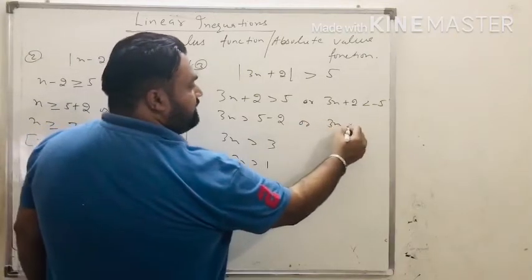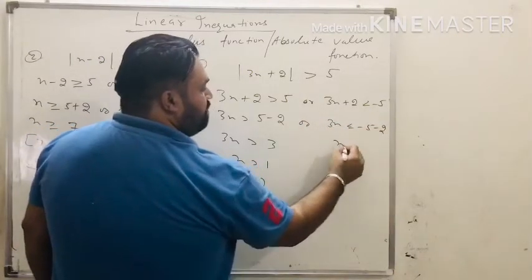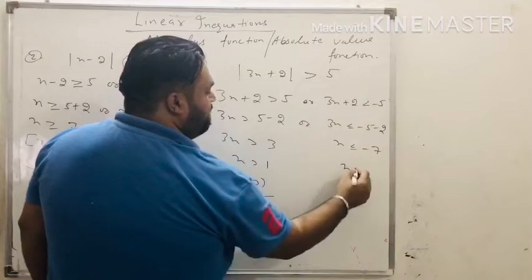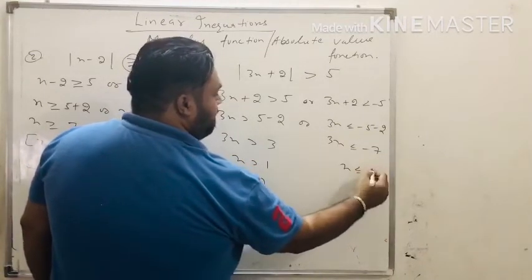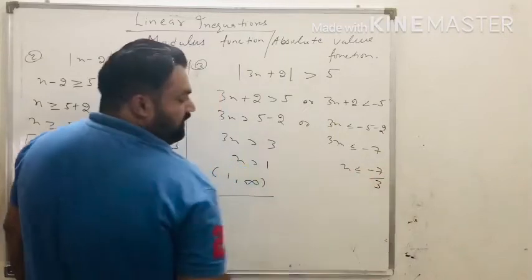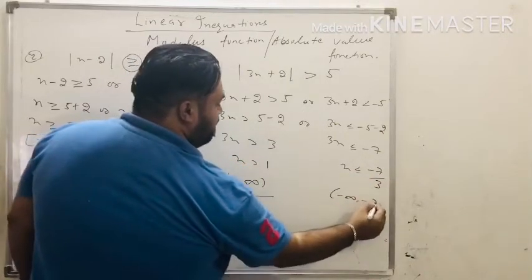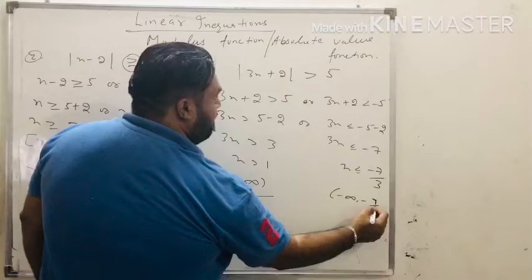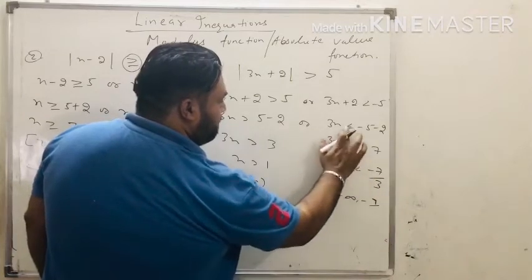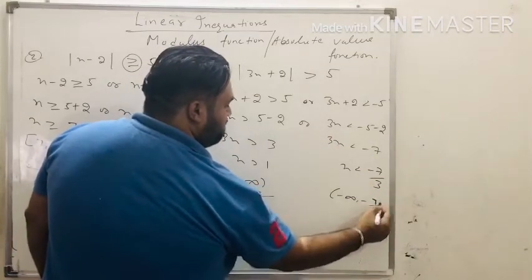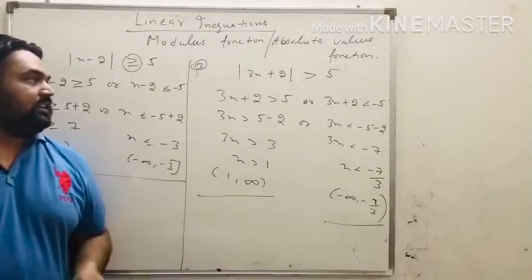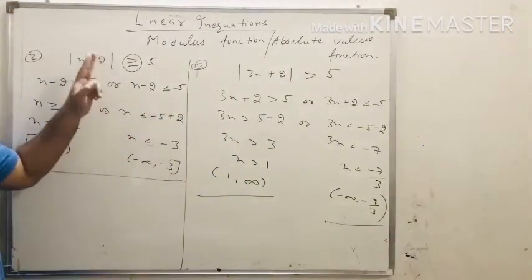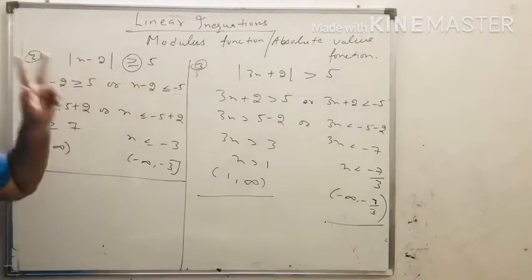Or 3x less than or equals to -5 minus 2, 3x less than or equals to -7, x less than or equals to -7 by 3. So minus infinity to -7 by 3. So this is the concept when the sign is greater than with the modulus function.